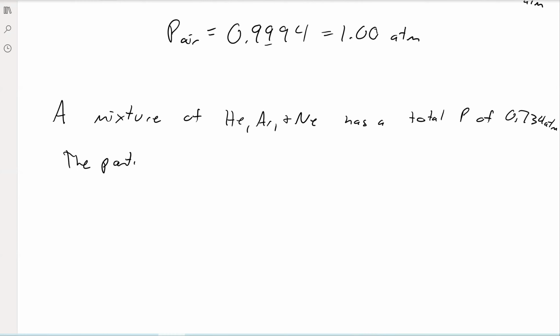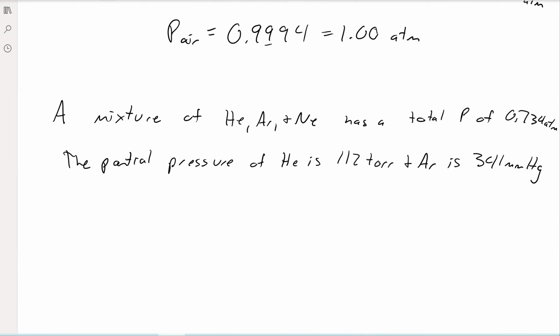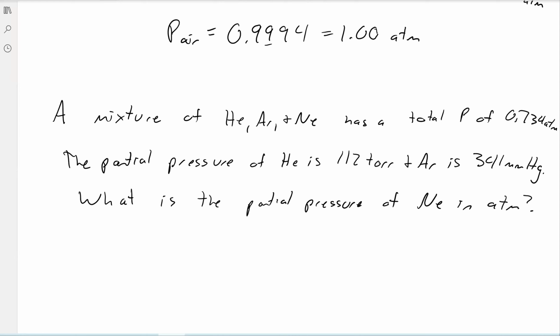The partial pressure of helium is 112 torr, and argon is 341 millimeters of mercury. What is the partial pressure of neon in atmospheres? Well, actually, let's do torr. In torr.